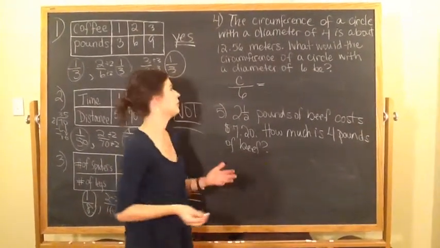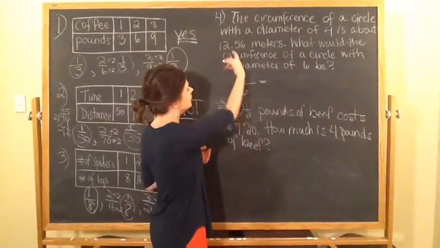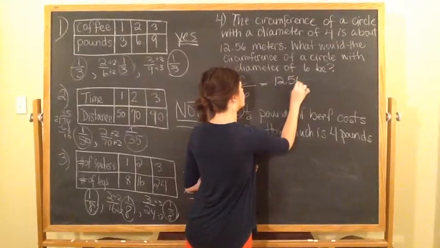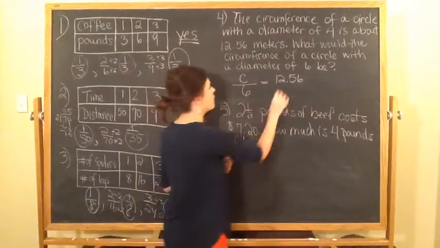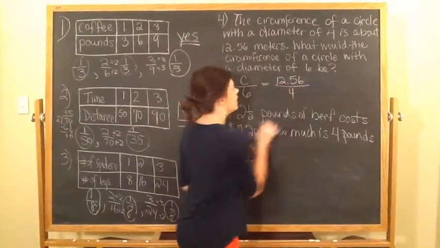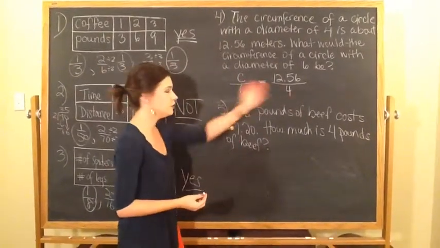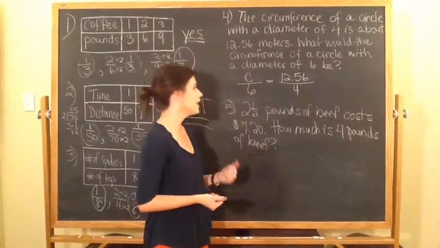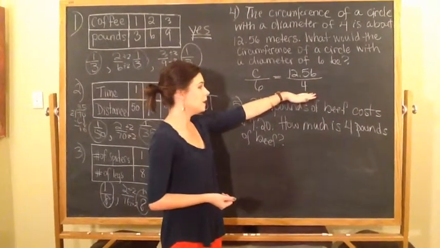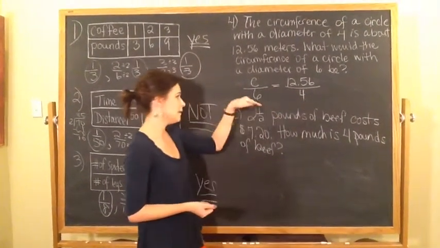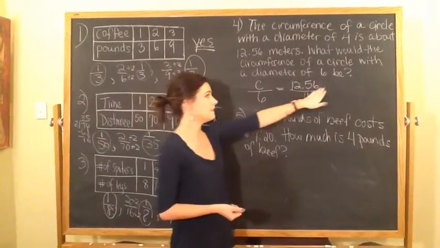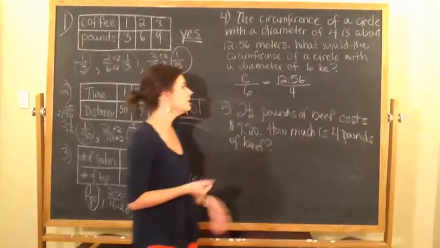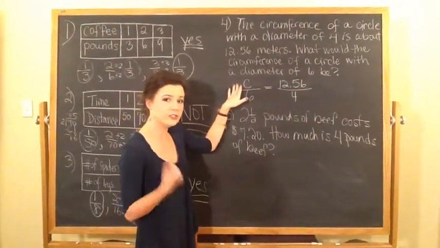The circumference of this other circle is 12.56 meters with a diameter of 4. So basically we're comparing two different circles, and we are going to make another proportional circle. In this example our diameter is 4, and in this example we have a diameter of 6. In this example we have a circumference of 12.56, and we're going to solve for our proportional circumference.